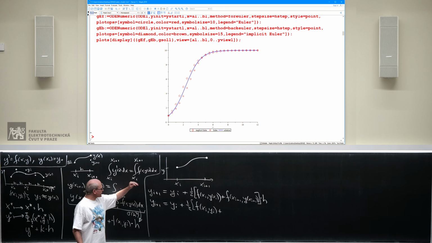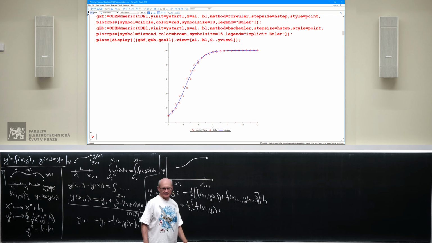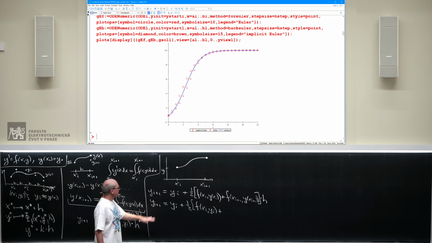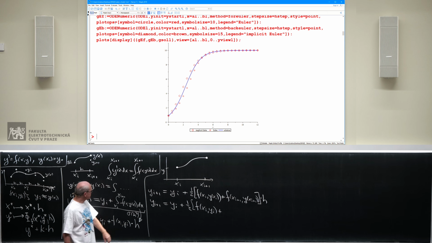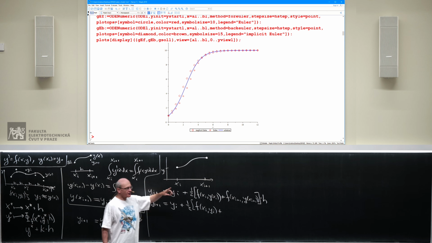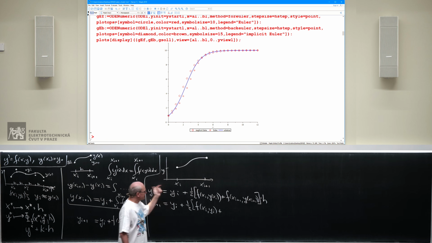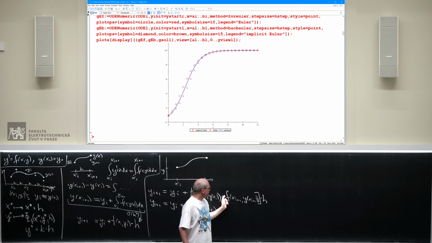So if we can somehow work it out, we will get a method of better order, namely of order 2, because that's the order of the trapezoid method. On the local level, passing to this approximation instead of the integral, we made an error, O(h cubed), of course. However, we have to work out this.